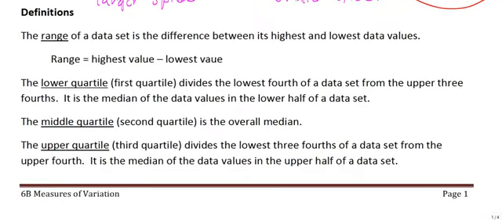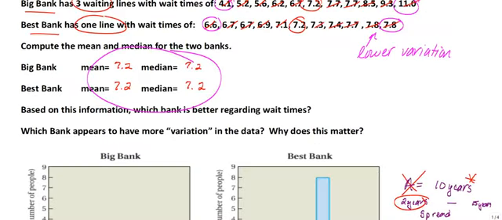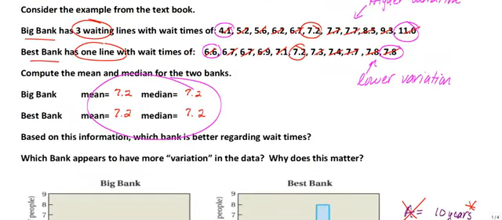So if I went back to Big Bank and Best Bank, for Big Bank the range would be 11 minus 4.1. And the range for Best Bank would be 7.8 minus 6.6.